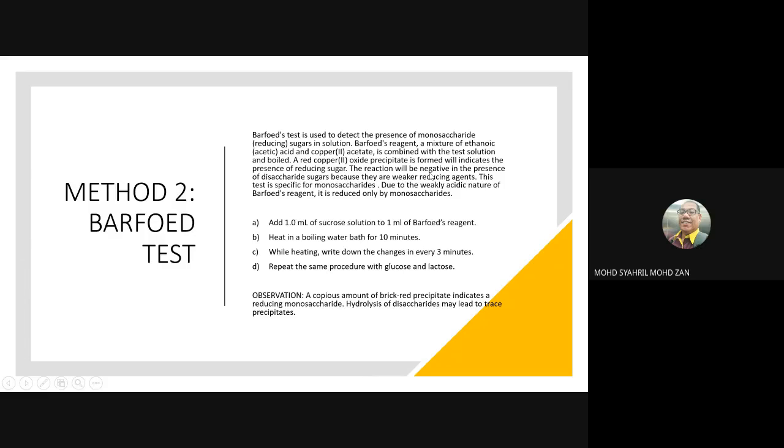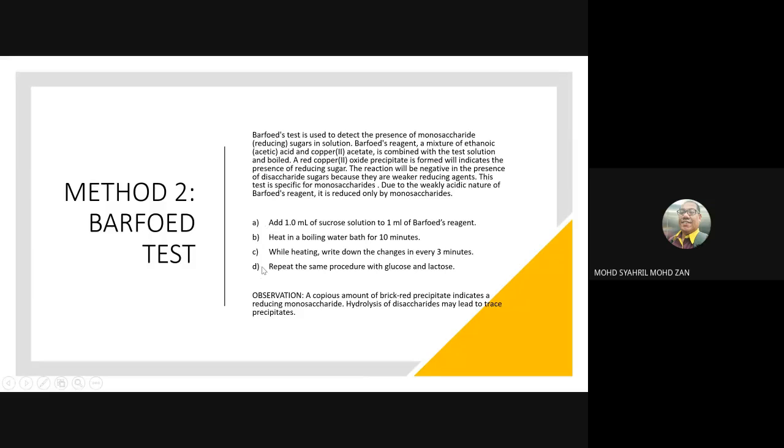The reaction will be negative in the presence of disaccharide sugar because they are weaker reducing agents. This test is specific for monosaccharides. To detect monosaccharides, the most sensitive test we use is the Barfoed test. Due to the weakly acidic nature of the Barfoed reagent, it is reduced only by the monosaccharides.